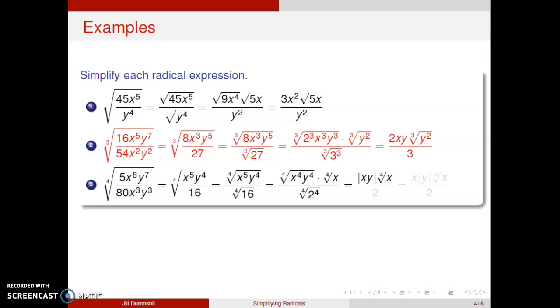Simplification of even roots of even powers requires absolute value to ensure that the value is non-negative. However, since we have a fourth root of x, we can assume that x is non-negative and drop the absolute value on the factor of x.